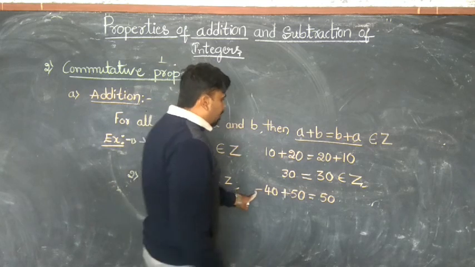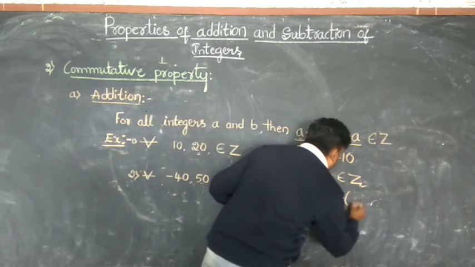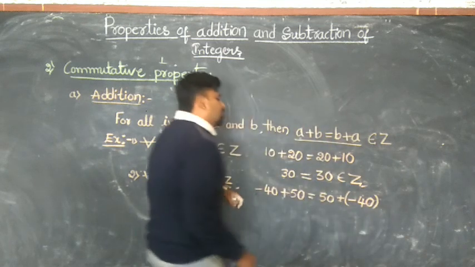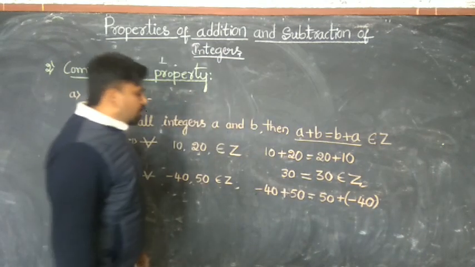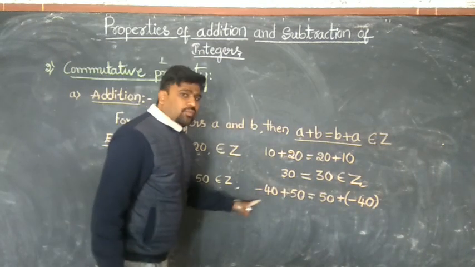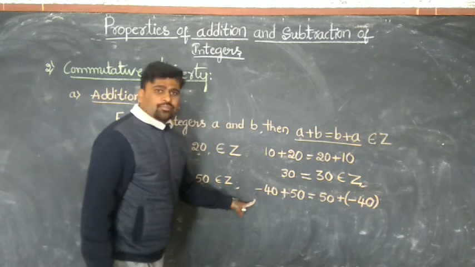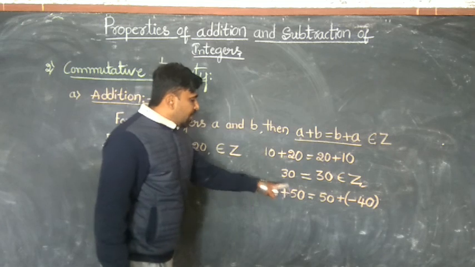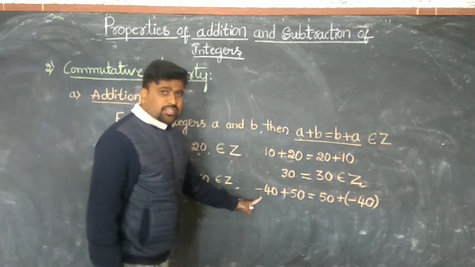After it comes minus, here it is plus, there is plus of minus 40. You can use a bracket when a minus comes. Here different symbols, we have to subtract. 50 minus 40, the answer is 10.